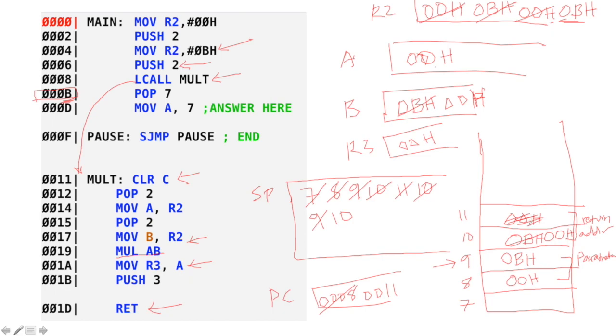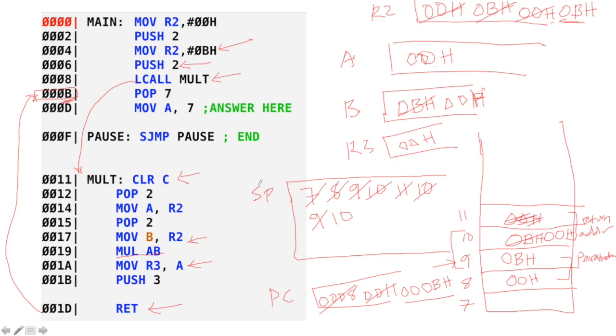Return is going to pop the 2 bytes on the stack into the program counter. So now our program counter becomes 000B in hexadecimal. So the program now returns to 000B, which is here.